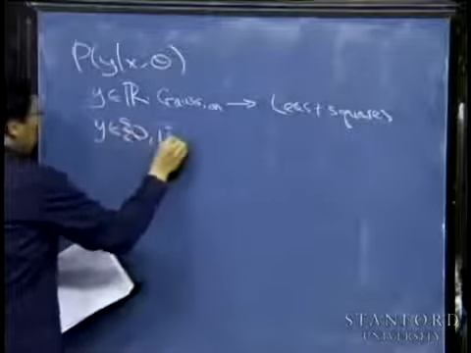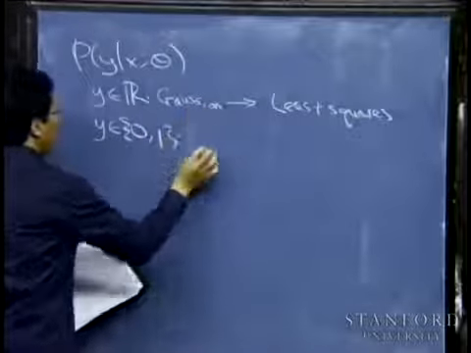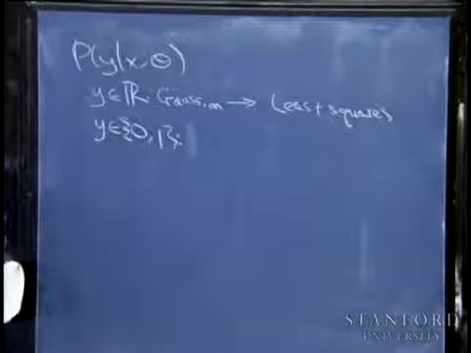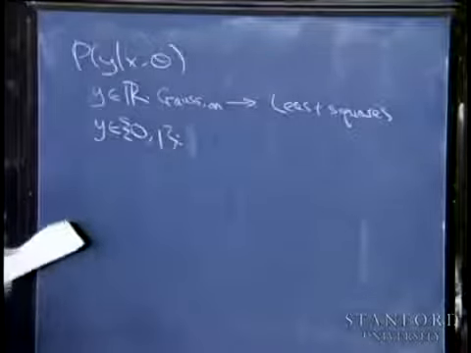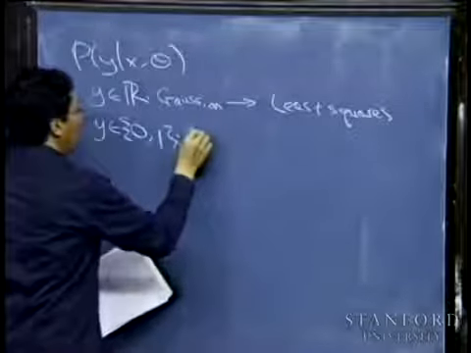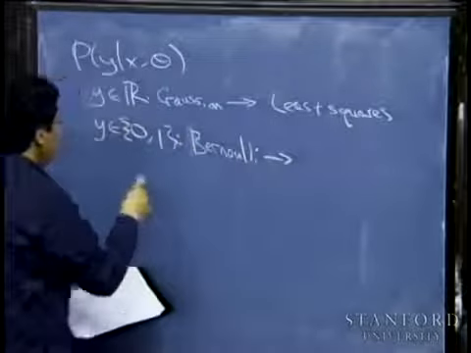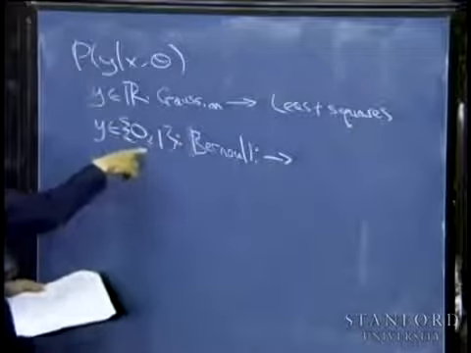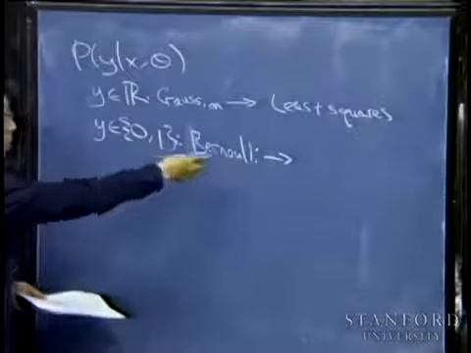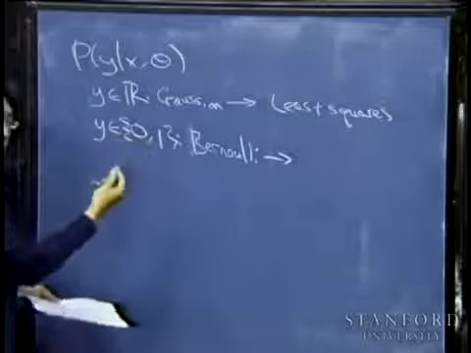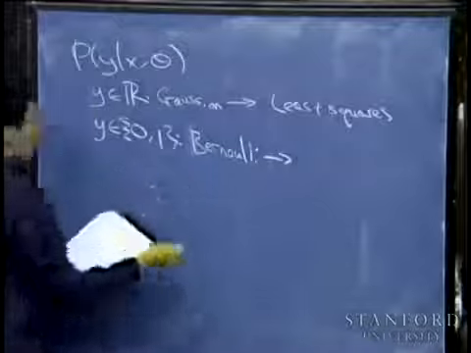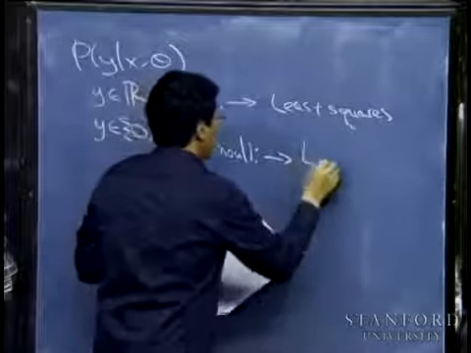In the other case, it was a classification problem where y took on the value of either 0 or 1. In that case, the most natural distribution over zeros and ones is the Bernoulli. Bernoulli distribution models random variables with two values. And in that case, we got logistic regression.